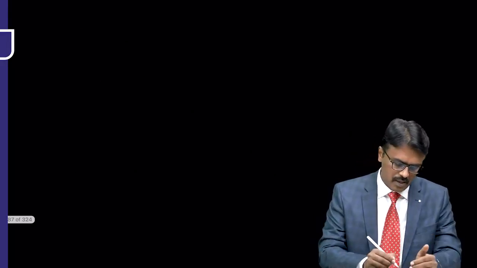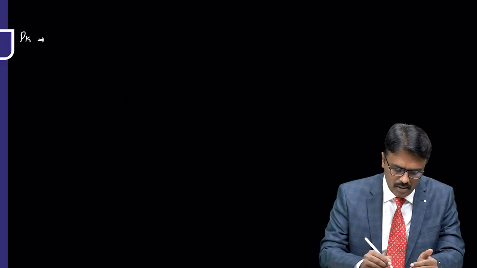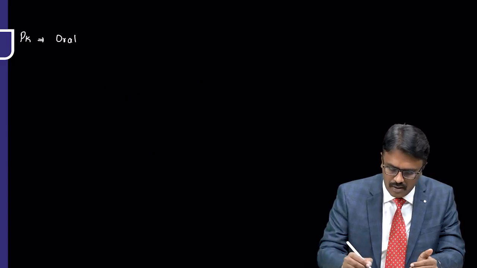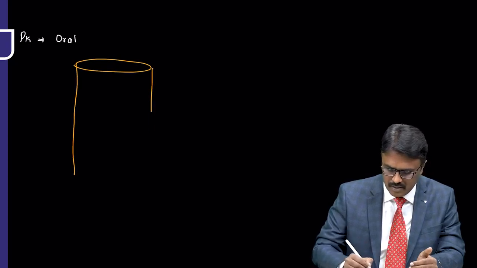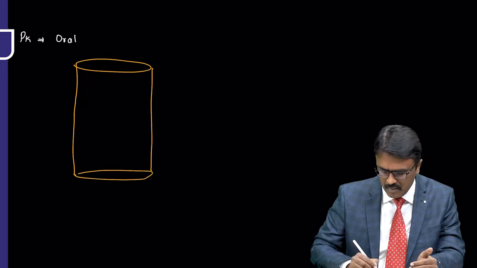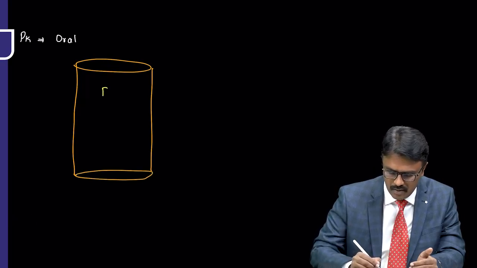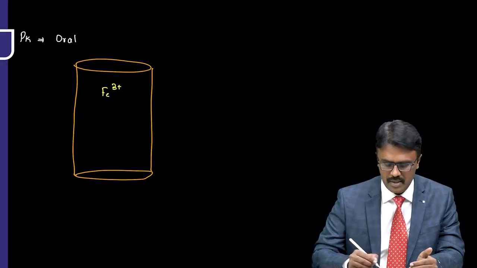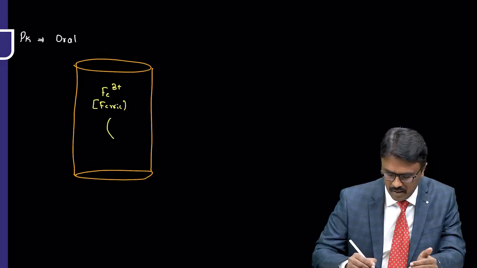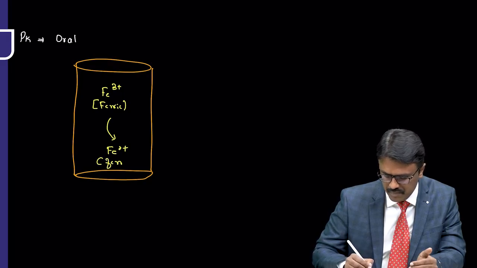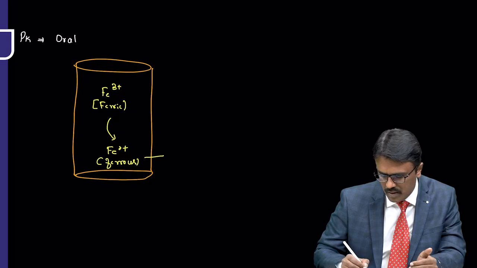Now coming to the pharmacokinetics, when we give iron orally, what do I need to understand? In the stomach, iron is in the ferric form, Fe3 plus. Ferric should be converted into Fe2 plus, the ferrous form, and the ferrous form is the one which gets absorbed.